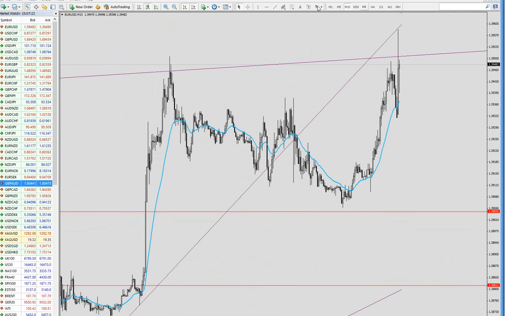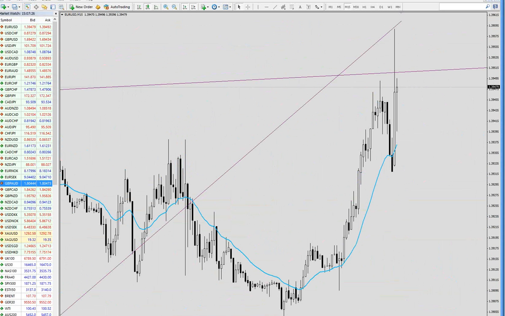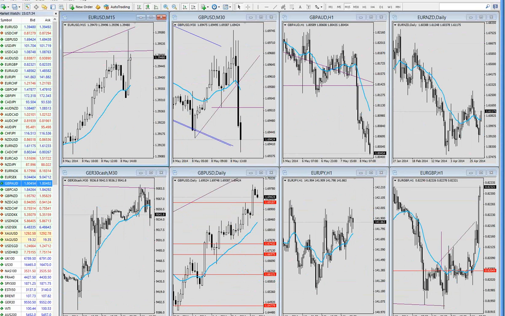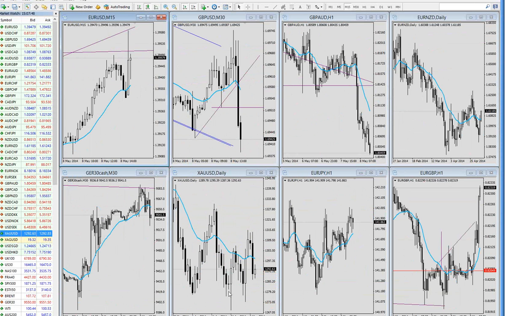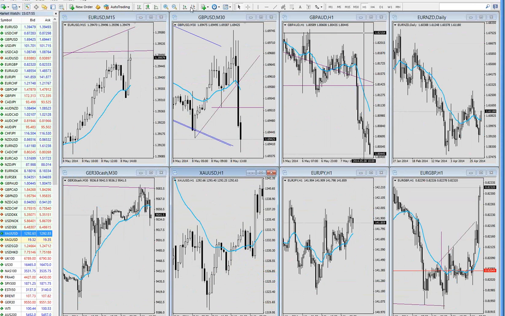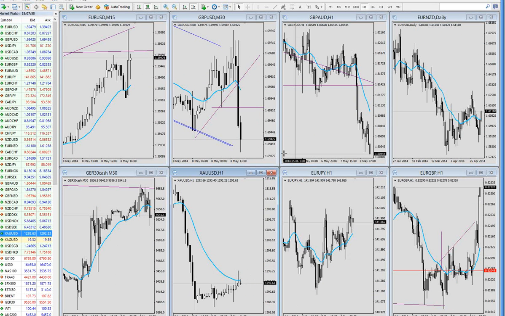Bulls on Euro trying again. Gold closer to 1,300 could be the selling opportunity as well. Intraday selling opportunity.